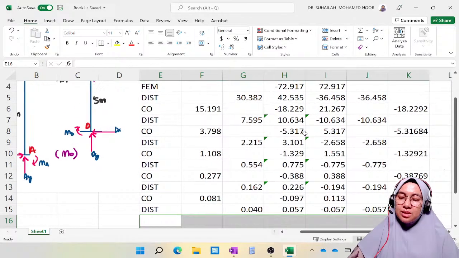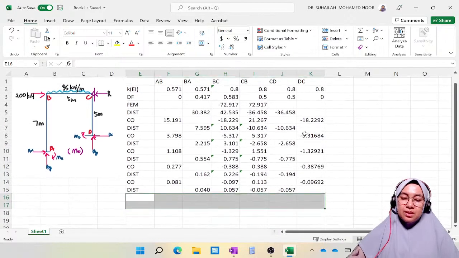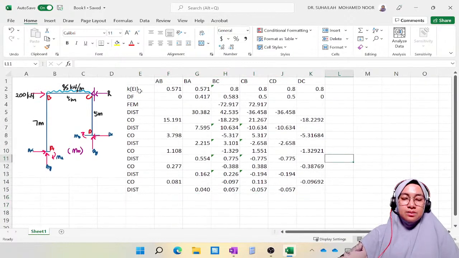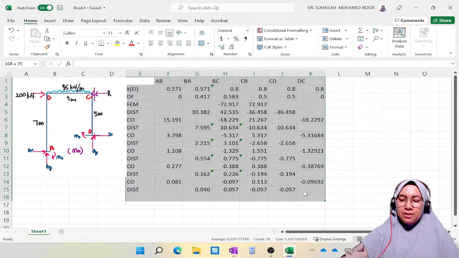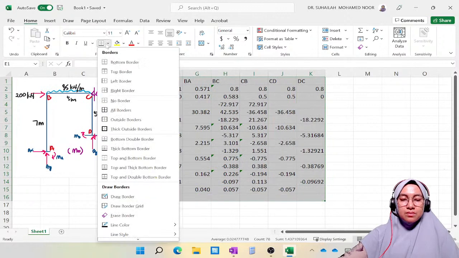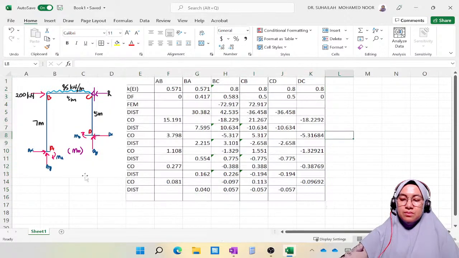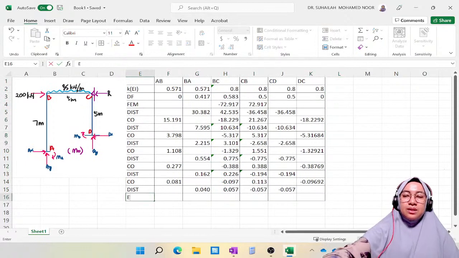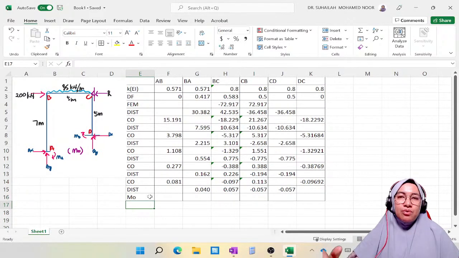Okay, so this is the table. And then this is actually M naught. Table number 1, we produce M naught.